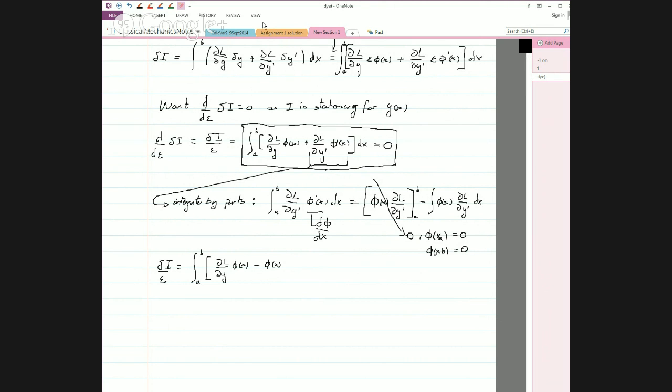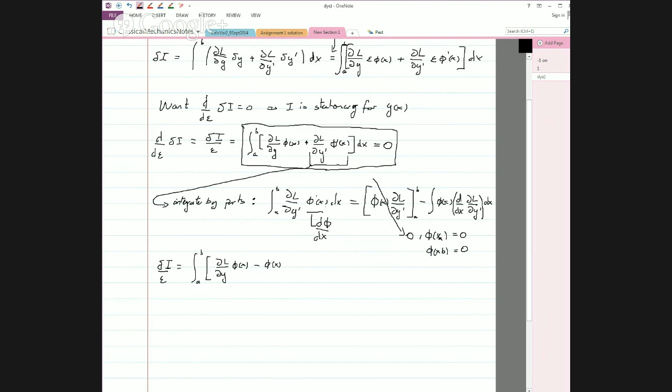The integration by parts, of course, requires that this needs to have a d/dx in it. When you integrate by parts, here you have one function which is ∂L/∂y prime times another function which is the derivative with respect to x, phi prime.